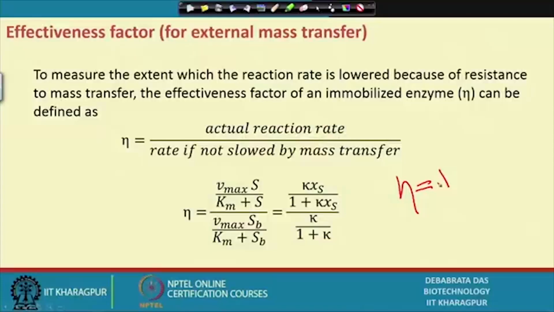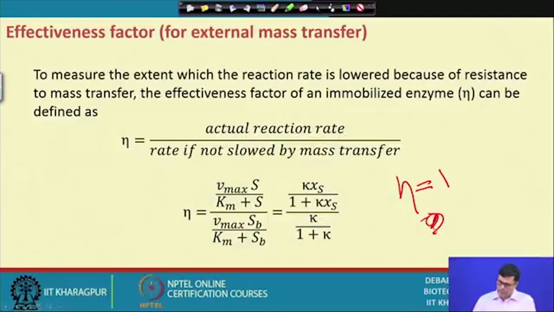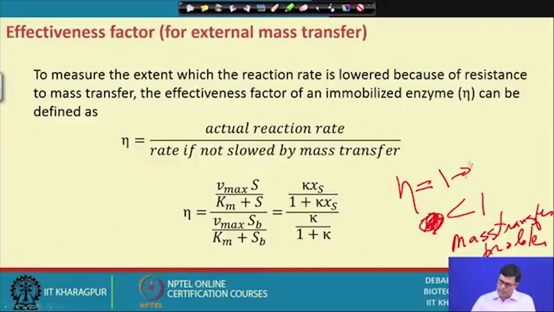That means there is a mass transfer or diffusion problem. The actual rate of reaction will be less as compared to when all substrate is available for the reaction. So when eta is less than 1, we have a mass transfer problem. Here there is no mass transfer problem. I hope you understand that.